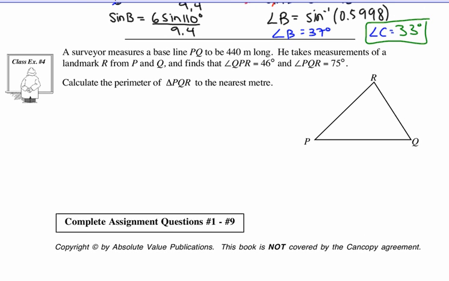A surveyor measures a baseline PQ to be 440 meters long. We're going to call that little r, actually, instead of PQ.